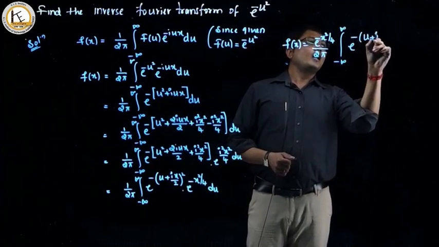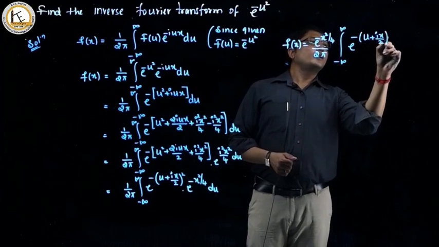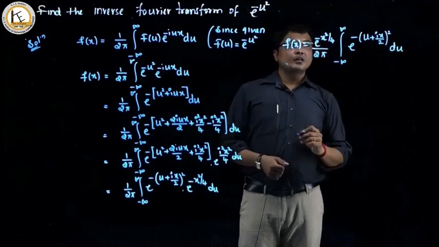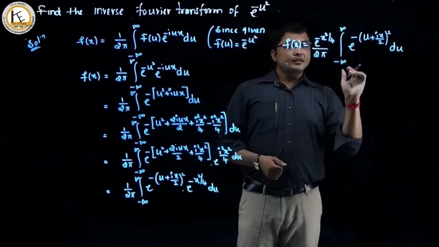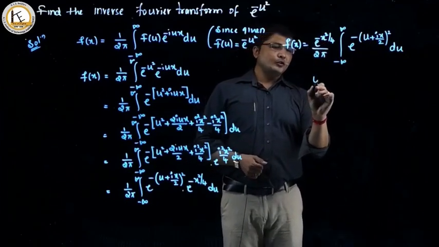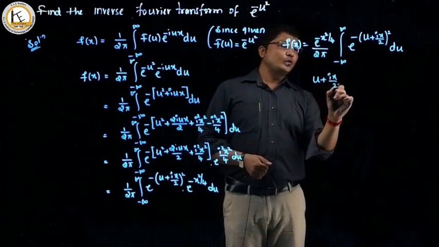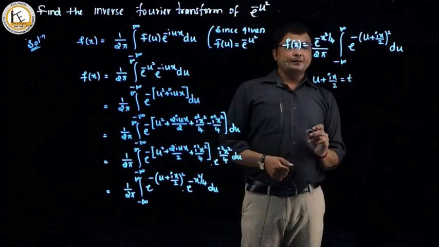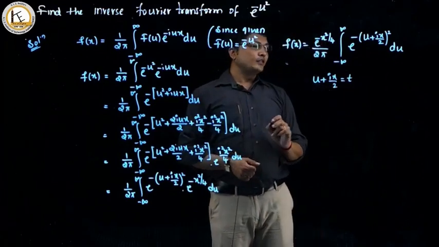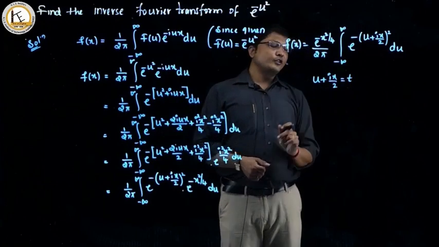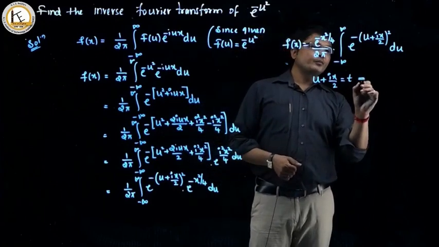Why am I taking e raised to minus x square by 4 outside? Because we need to evaluate this integral with respect to u, therefore x will be considered as a constant. Therefore we have integral minus infinity to plus infinity e raised to minus of u plus ix by 2 the whole square with respect to u.